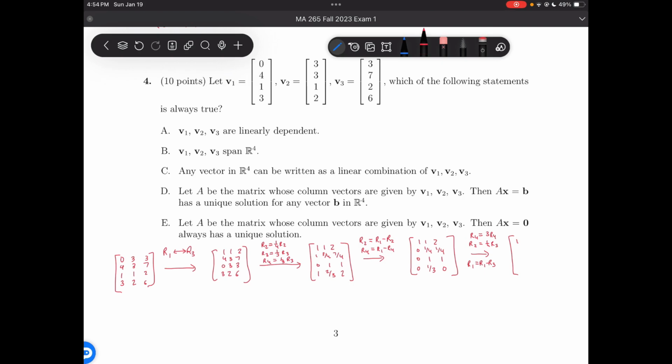Okay, so after I do these operations, I get 1, 0, 1, 0, 0, 0, 0, 1, 1, and then 0, 1, 0.